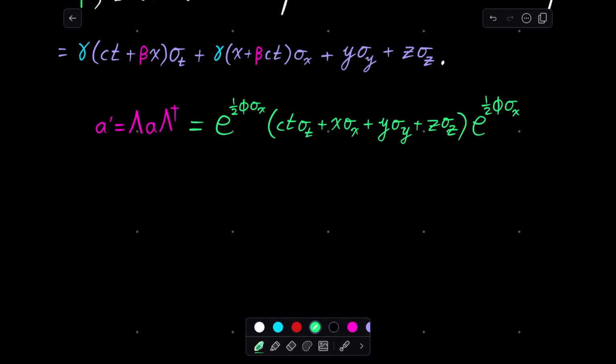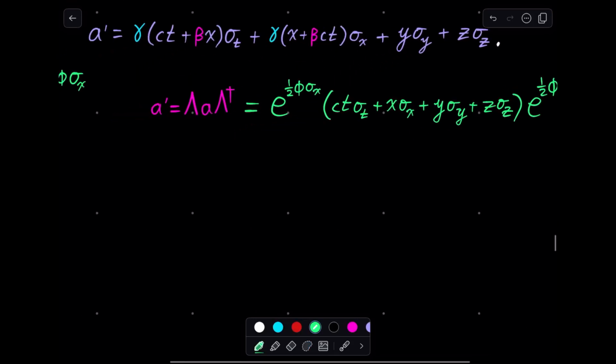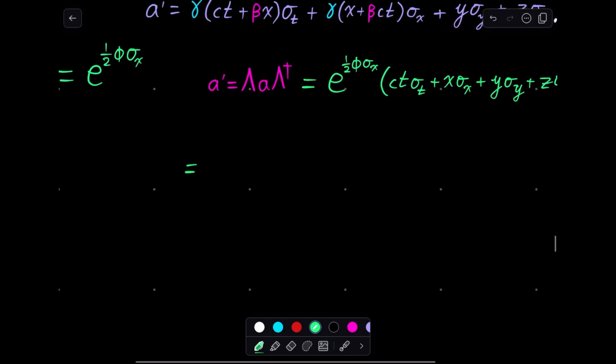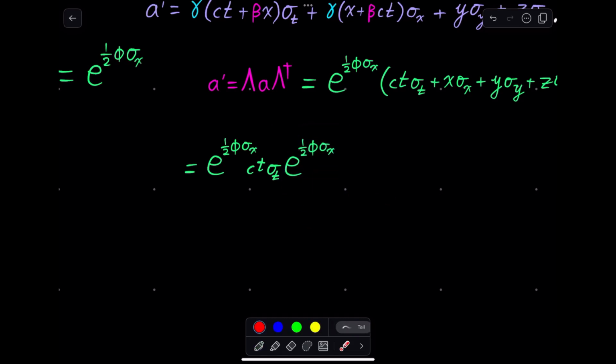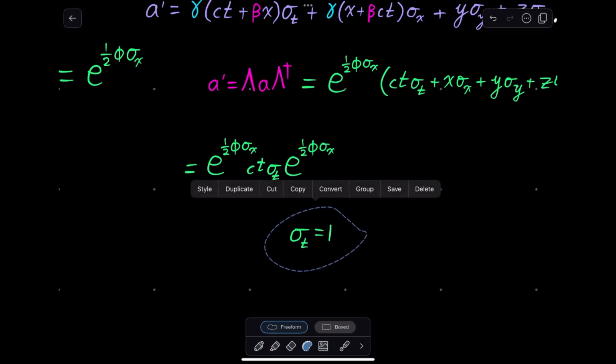Now we can pull all of these, so let me just copy this. We can now distribute these. So the next step is distributing them. So we have ct sigma t. But if you remember from the fact that paravectors, sigma t is equal to 1, so this is a scalar.